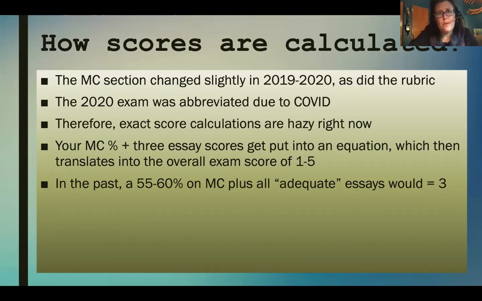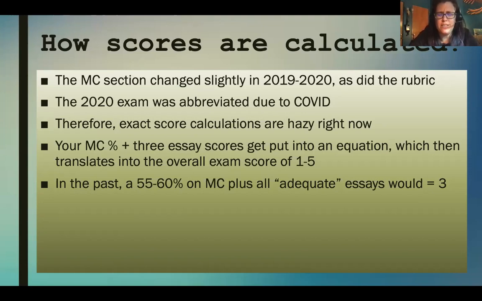But then, of course, COVID happened, so the 2020 exam that actually got taken by kids last spring was not the full thing. As I said, they only did one essay, and it was a rhetorical analysis essay. So last year was supposed to be the first year scoring with this new format and these new guidelines, and then it didn't happen. So the exact way you can get a given score is still really kind of hazy.